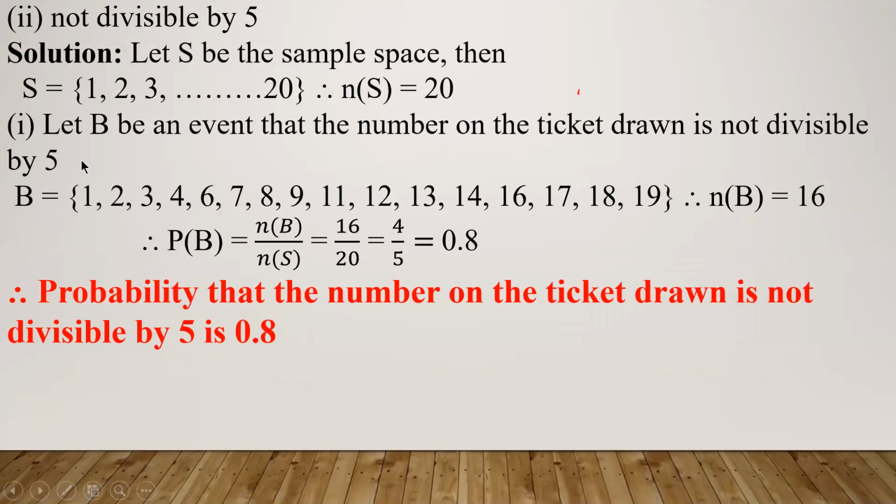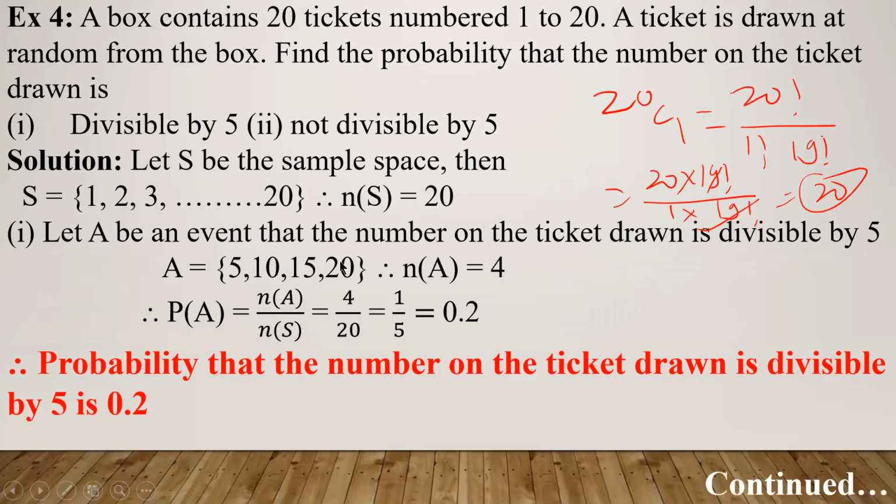So what all comes in B? 1, 2, 3, 4, 5 will not come, 5 is divisible by 5. 6, 7, 8, 9, 10 will not come. 11, 12, 13, 14, 15 will not come. 16, 17, 18, 19, not 20.